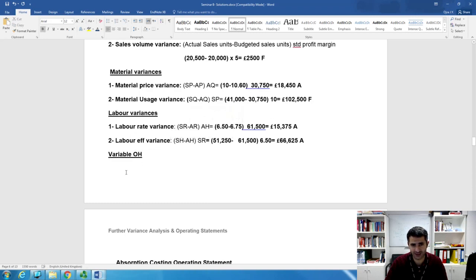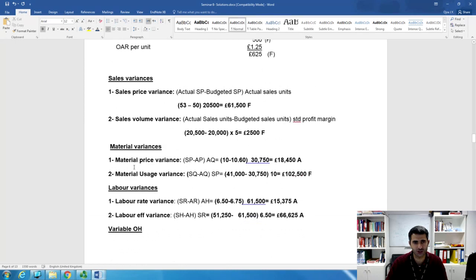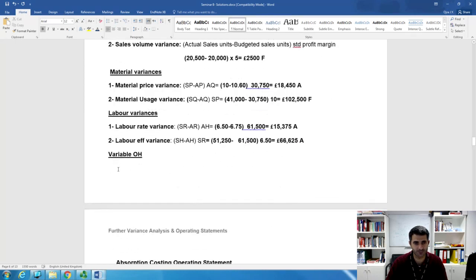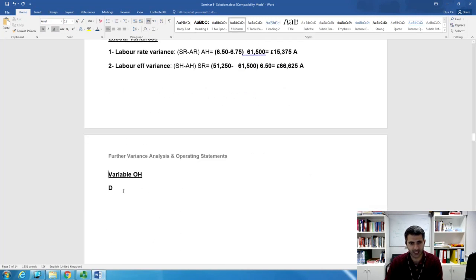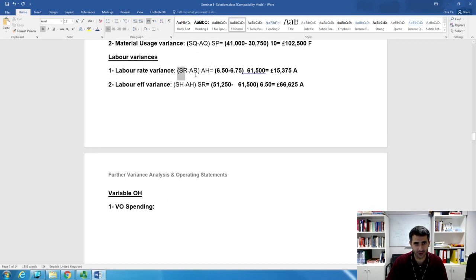Absolutely the same, because I did tell you that variable overhead follows the labor. We absorb using the labor. The question also tells you that if you go back to it. So let's do it. We have variable overhead spending. Again, the same formulas, so copy paste.